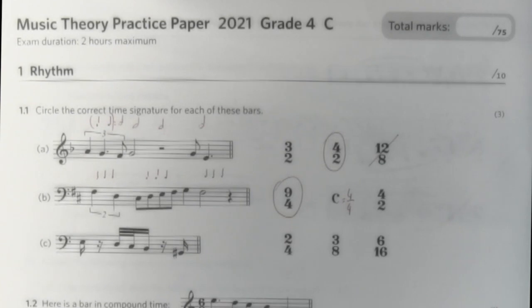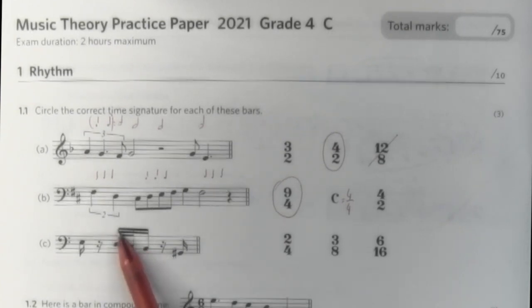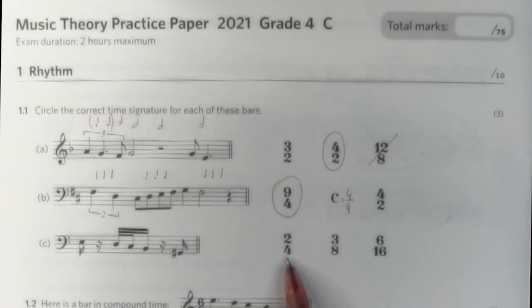Okay, this question looks a little bit complicated, but these demi-semiquavers here make me think that we are counting in a very short value, because otherwise this rhythm will be a little bit too tricky. I don't think we are in 2/4.